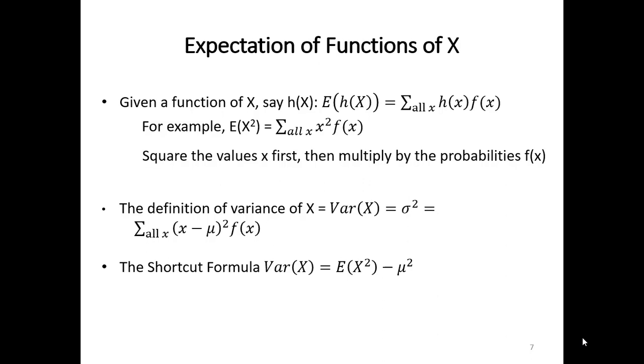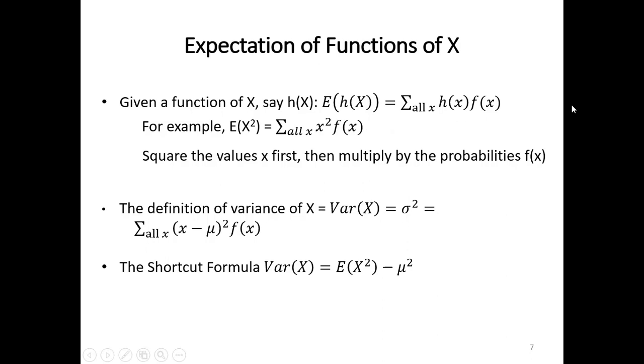So now that we have E of x, the expectation or the expected value of x, one variation of this is if we have some function of x, which does come up. Let's say we have a function h of x. We can talk about the expectation of h of x. Now here, we take the sum over all x of the product h of x times f of x. Before we just had x, but now we have this function h of x times f of x.